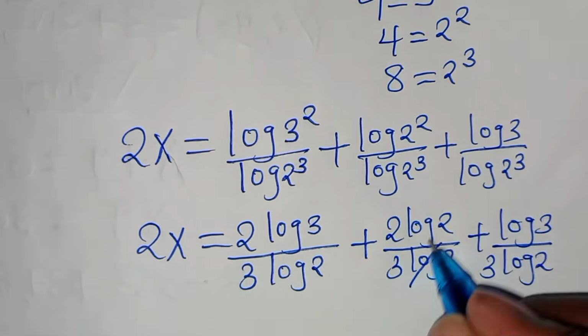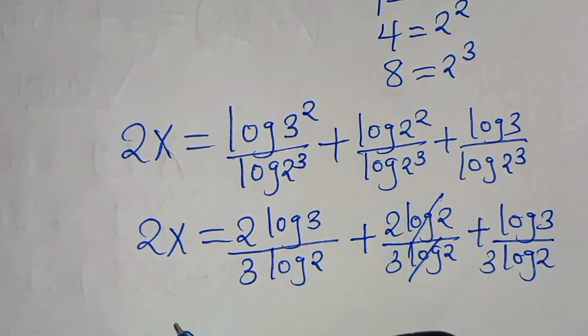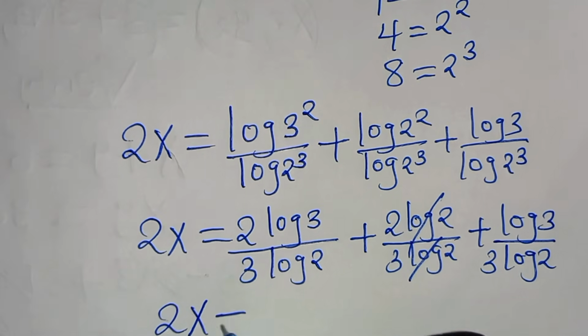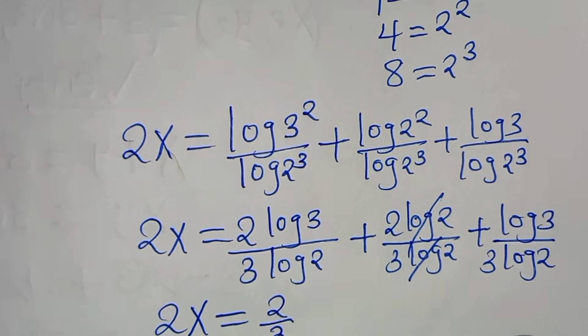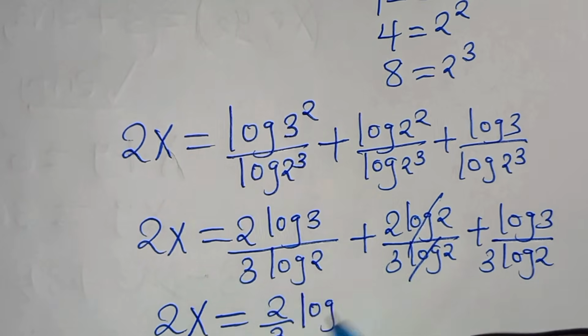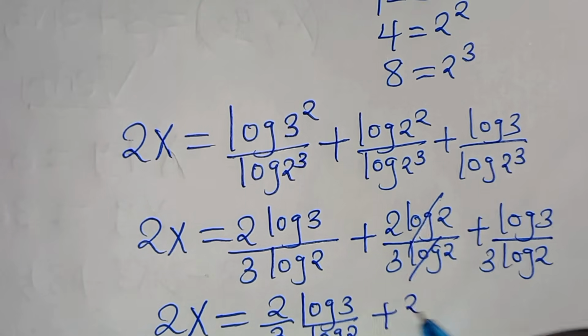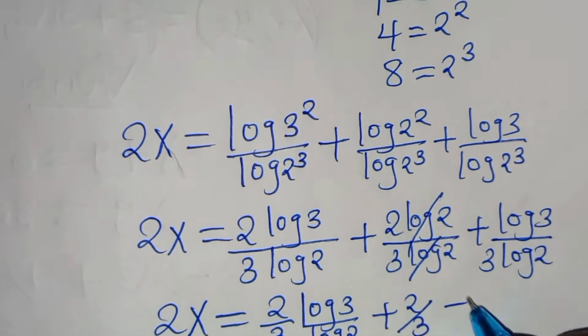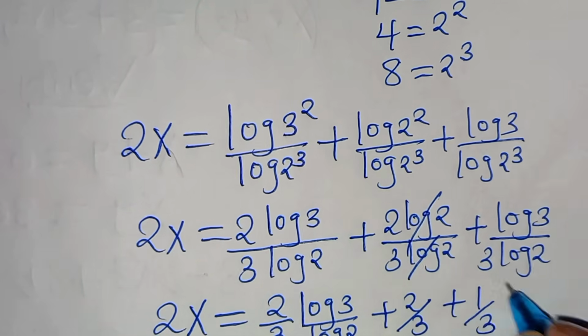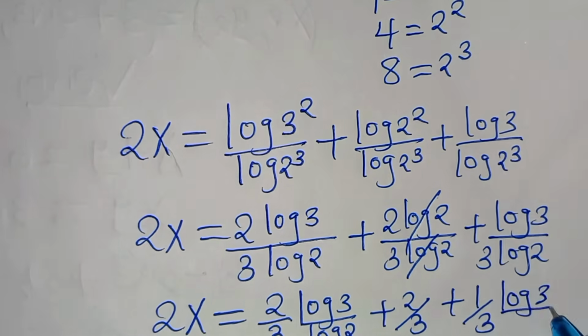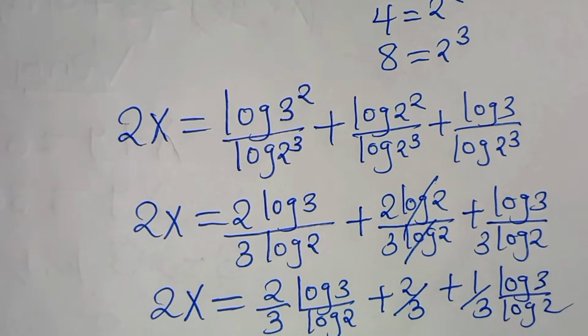Now let's simplify log 2 and log 2 here, so that we have 2x. This is equal to 2 over 3 times log 3 over log 2, plus 2 over 3, then plus 1 over 3 times log 3 divided by log 2.